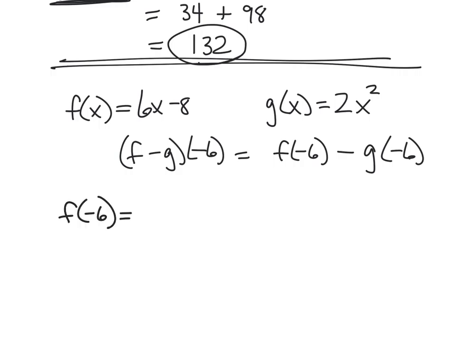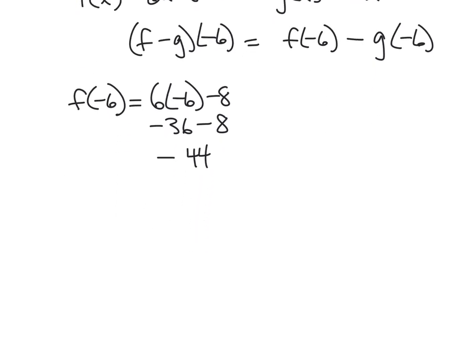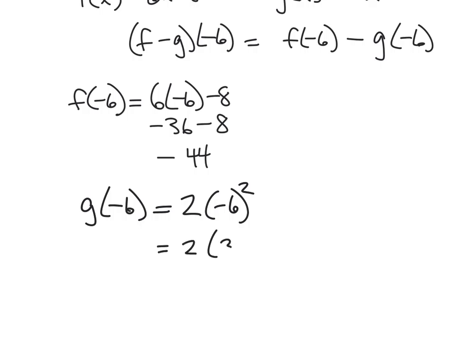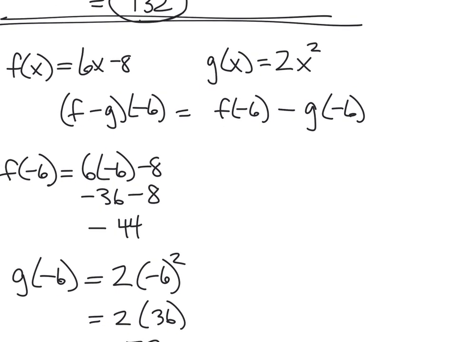So that becomes 6 times negative 6 minus 8, which equals negative 36 minus 8, which equals negative 44. And then g of negative 6 is going to be 2 times negative 6 squared. So that becomes 2 times 36, which is 72.